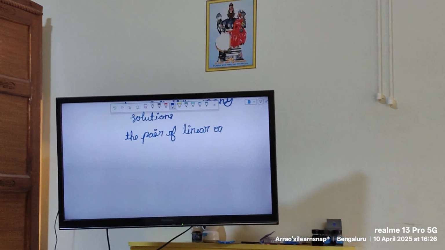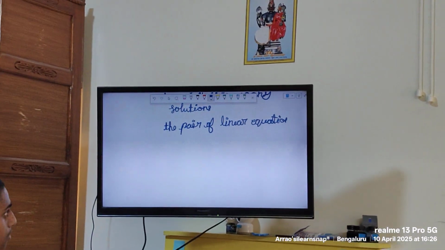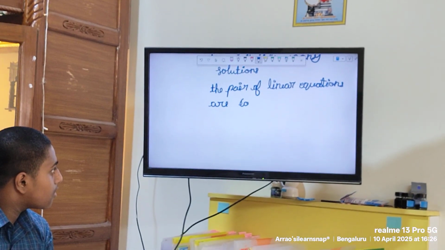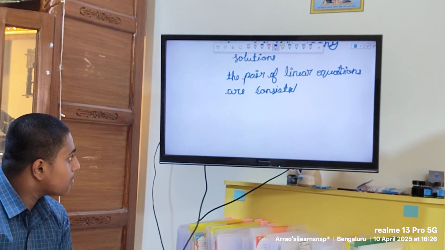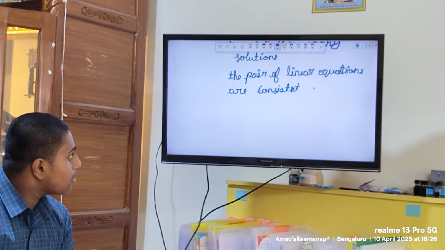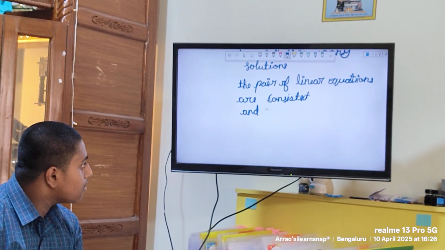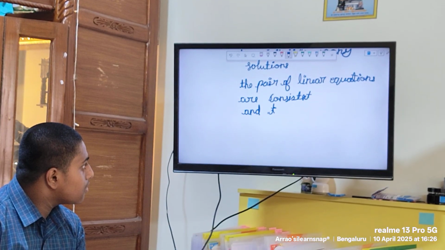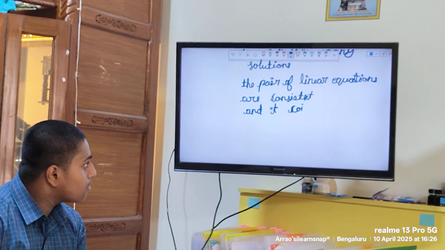The pair of linear equations are consistent and they are coincident.